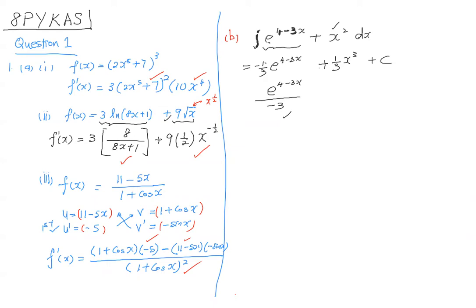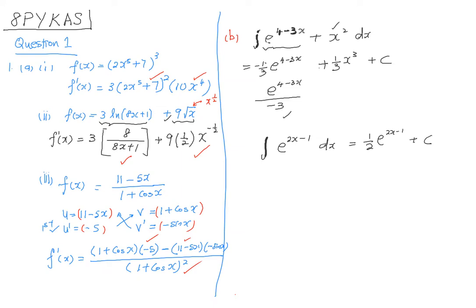Just a quick one. Mikia, what is the answer for this? Can you tell me what is the answer for this one? Half times e to the power of 2x minus 1 plus c.